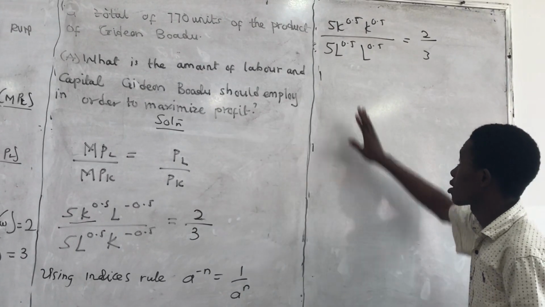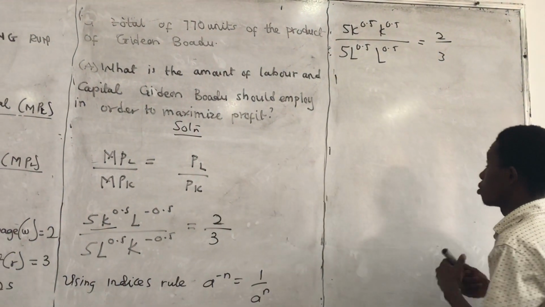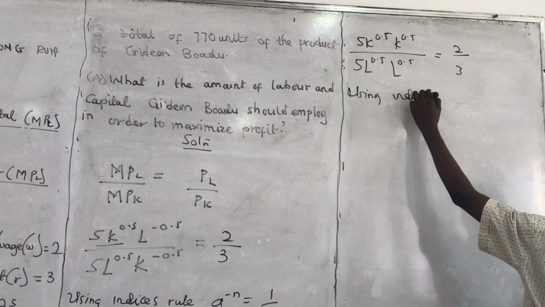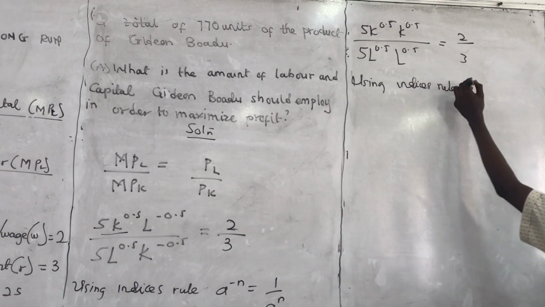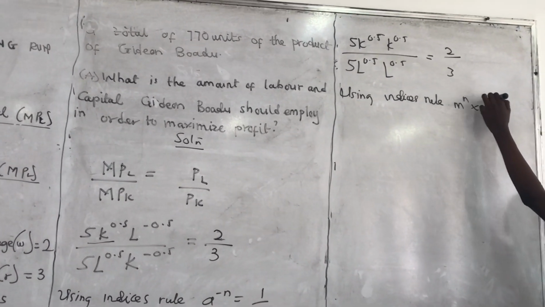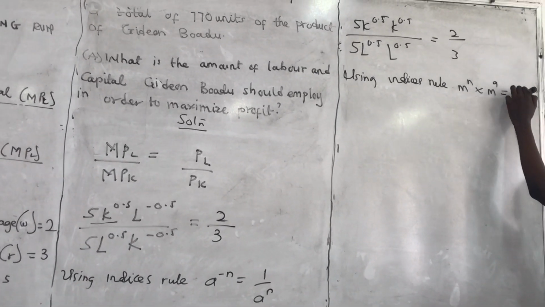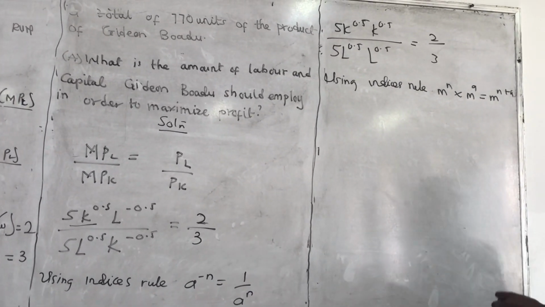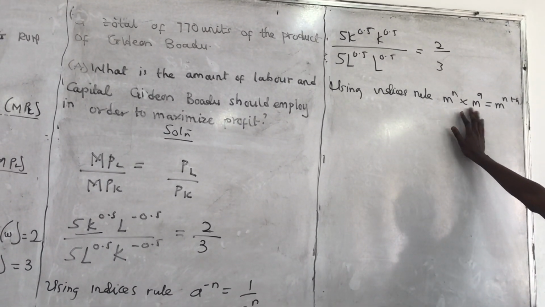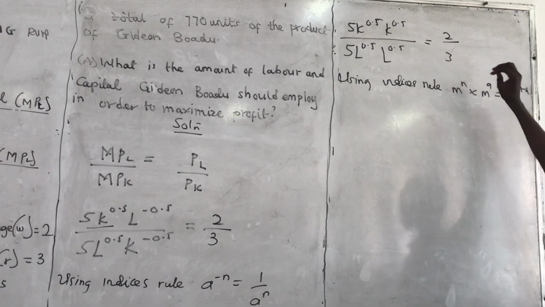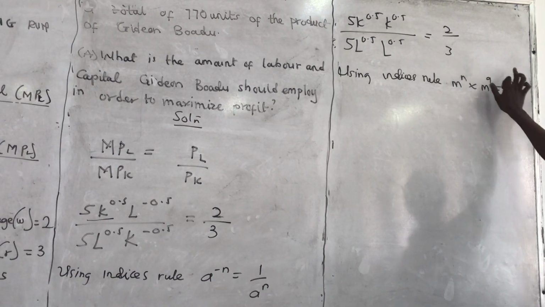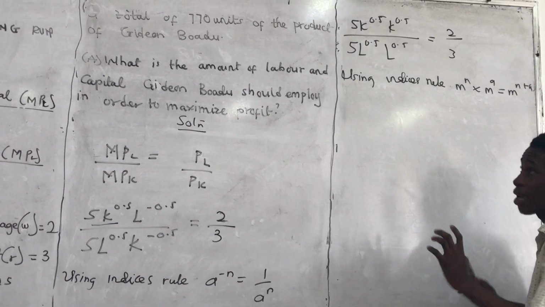The next thing after that is we use another indices rule: when the same bases are multiplying, we add their exponents. So a^m times a^n gives a^(m+n). We use that same idea here.